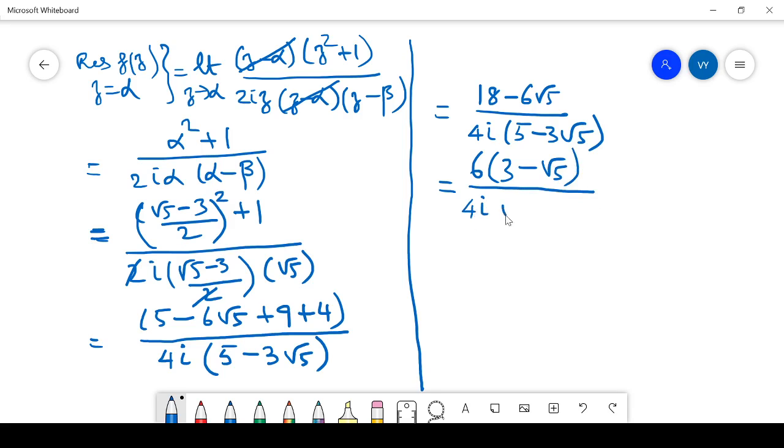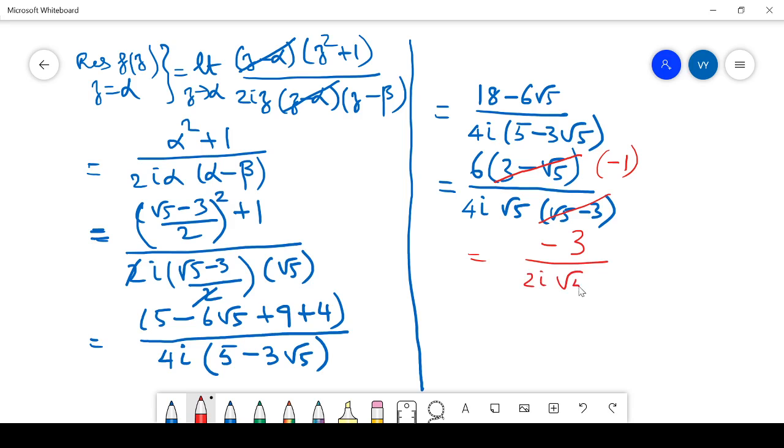So now what I will do is I will remove this root 5. I will have root 5 minus 3. Okay. So when I strike out these two, I will have minus 1. So this will be minus 3 by 2i root 5.